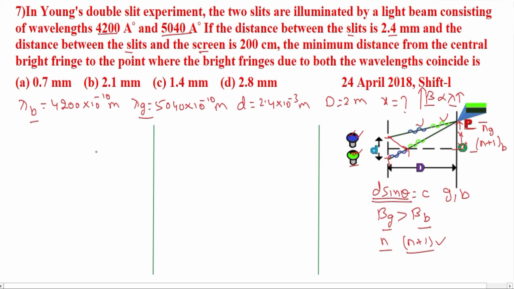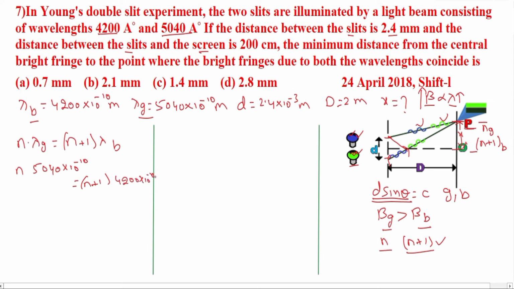Since the path difference is constant, I can write n into lambda green is equal to n plus 1 into lambda blue, at our considered point P. Now let me substitute: lambda green is 5040 angstroms into 10 power minus 10, equal to n plus 1 into lambda blue, that is 4200 into 10 power minus 10.